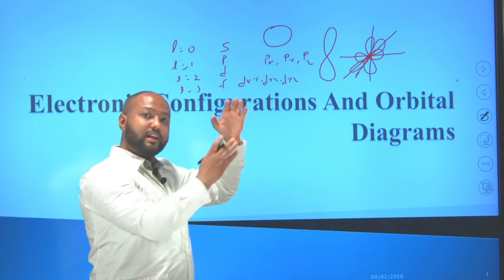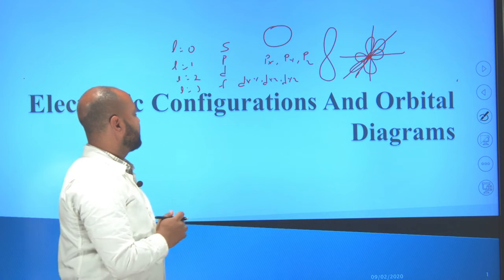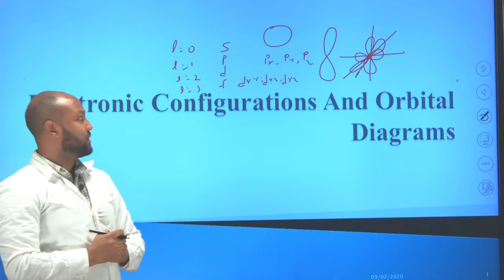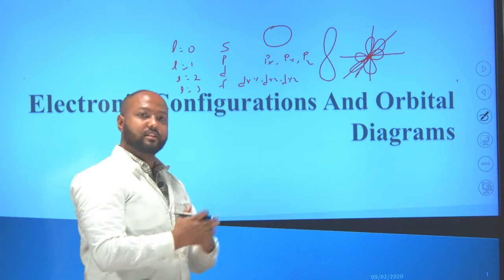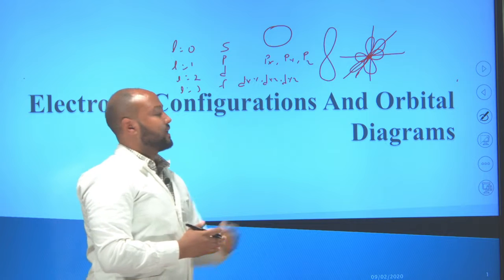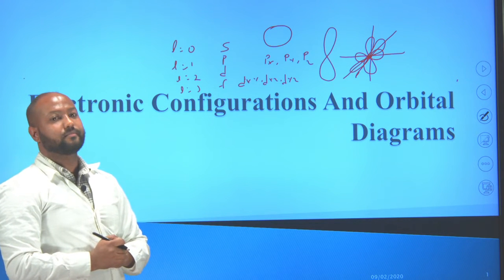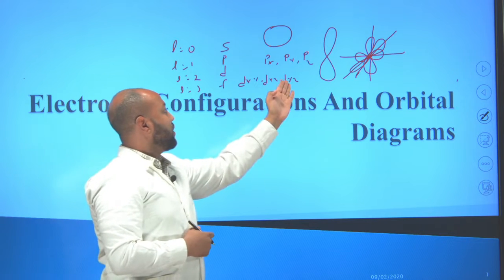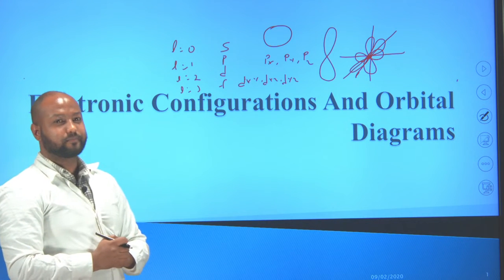That means between the x-axis and y-axis. dxz is oriented between the x and z axis on the plane of xz. dyz is oriented on the plane of the y and z axis.